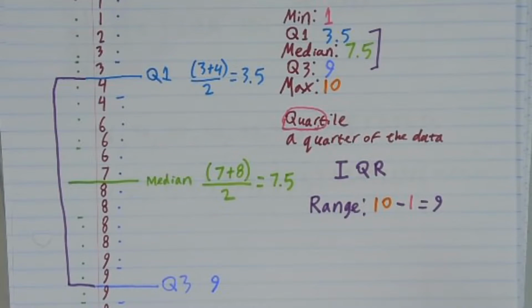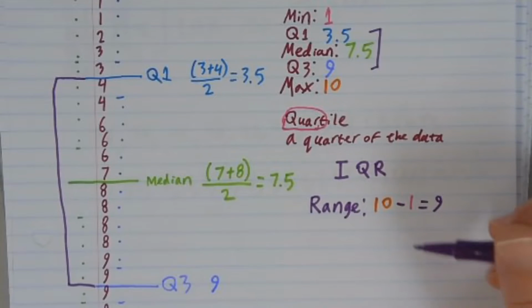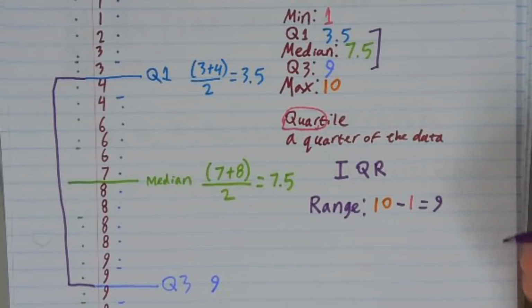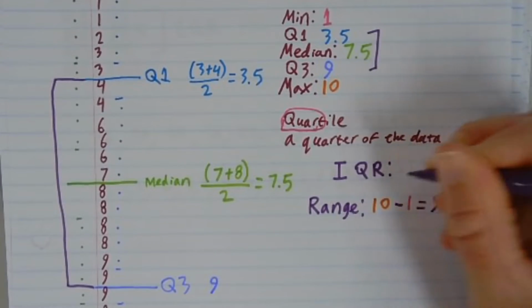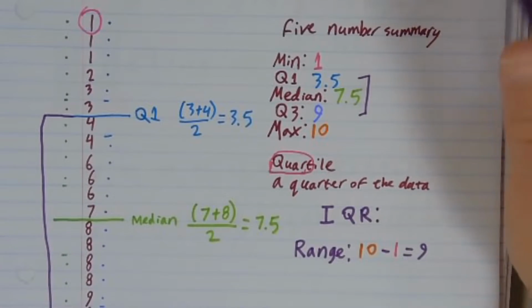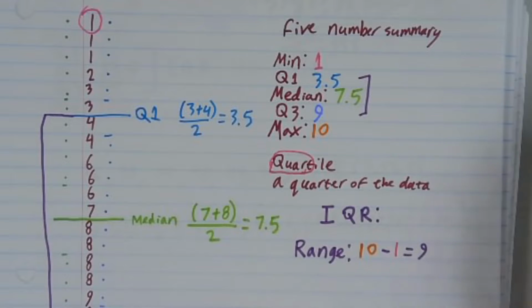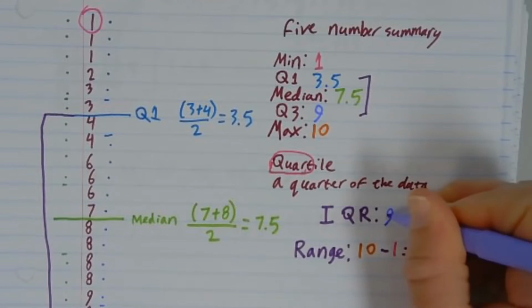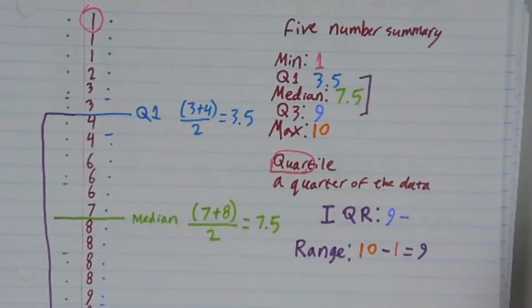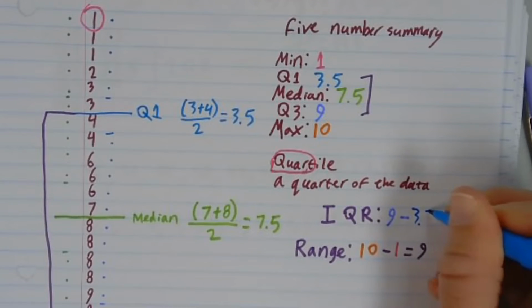So just like the range is the biggest number minus the smallest number, the IQR is the third quartile minus the first quartile. So it would be 9 minus 3.5.